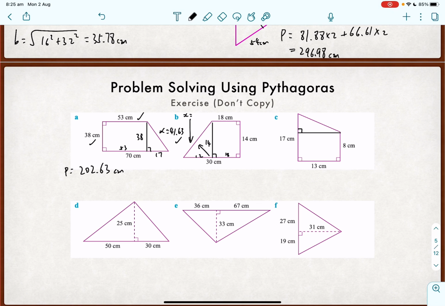So 14 squared plus 12 squared, that should be 18.44. So to add the perimeter, them all together, so 18.44 plus 18 plus 14 plus 30, so it'd be 80.44 centimeters.